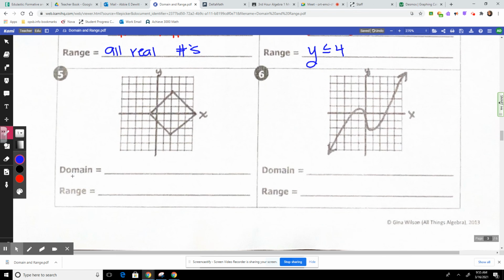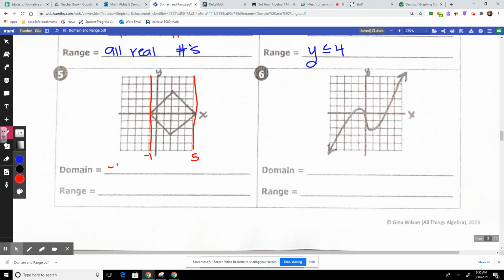Okay, number 5. I have a graph that is entirely on the grid, which means that I'm going to have endpoints for my domain and range in all directions. So for my domain, to the left, it does not extend beyond this point where x is negative 1. To the right, it does not extend beyond this point where x is positive 5.